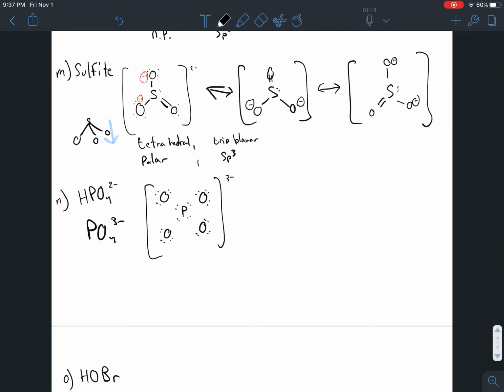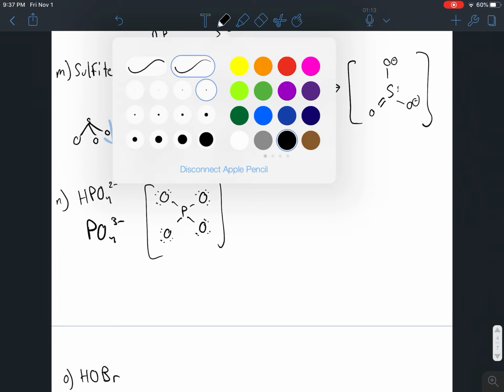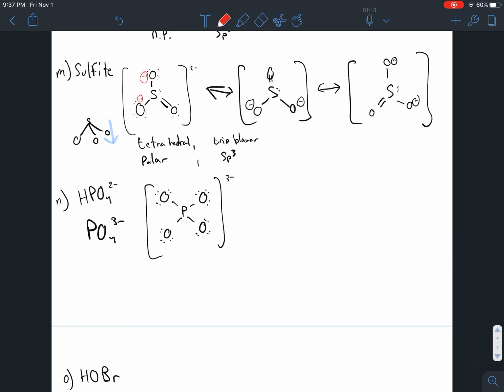Right off the bat, this follows the octet rule. But let's make some commentary on the formal charges to see what we're talking about. Oxygen wants 6, it has 7, and that's the same for all of these.